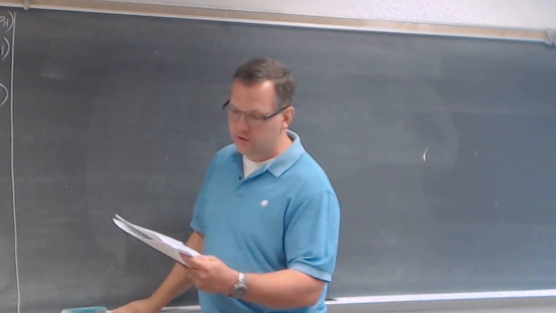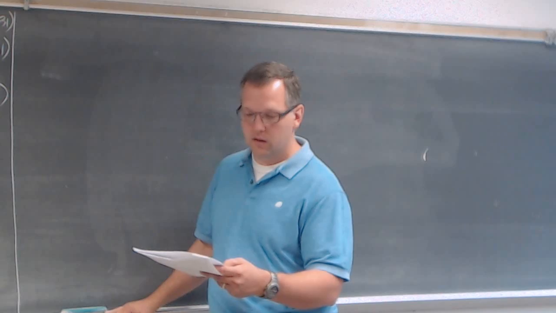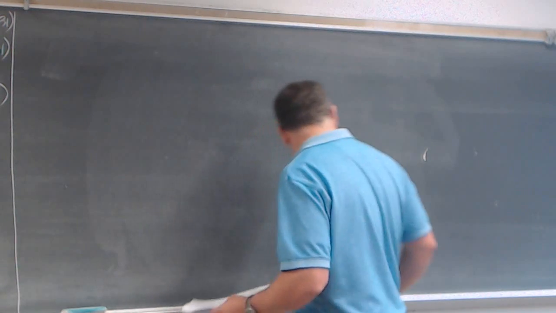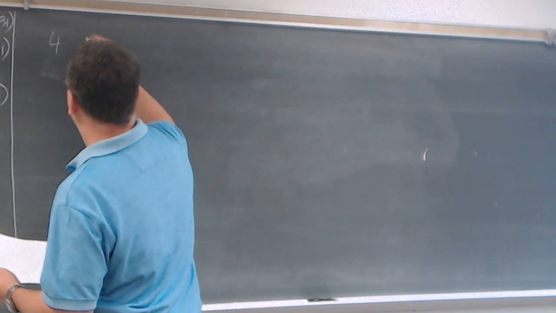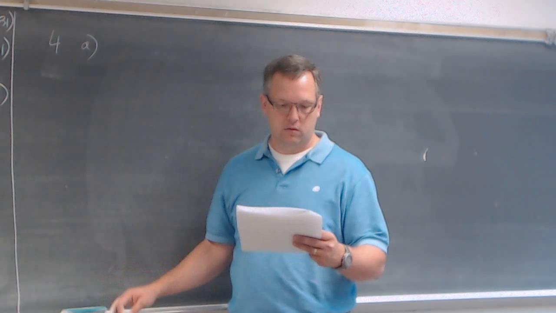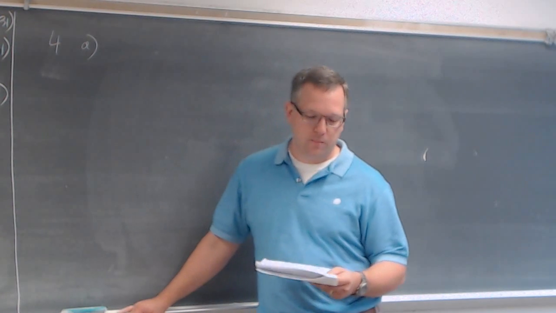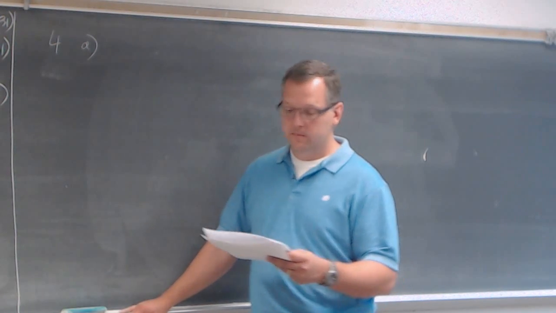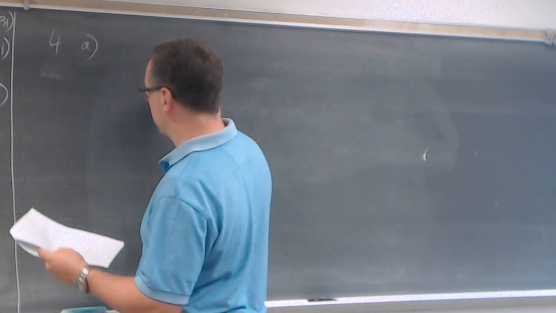So you will use the answers to 4A for part B. Any questions about 4A? There was a theorem I showed you that if you have a prime congruent to 3 mod 4, then you automatically have a solution, right?